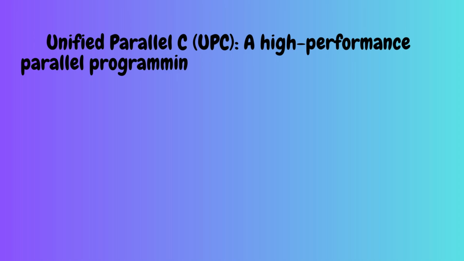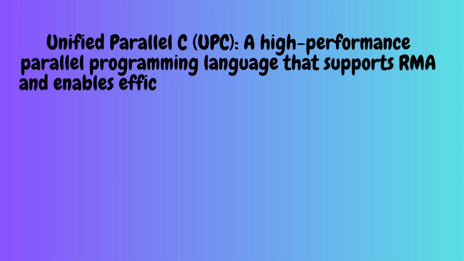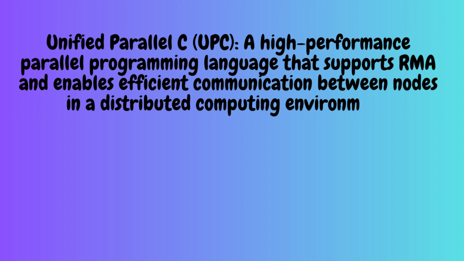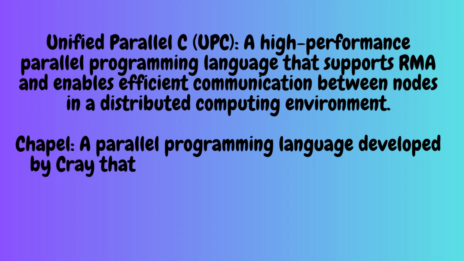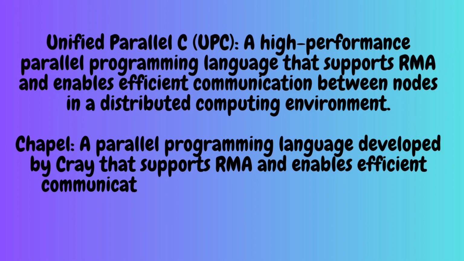The fourth is OpenSHMEM, an open standard for parallel computing that supports RMA and enables efficient communication between the nodes in a distributed computing environment. The fifth is MPI-3 RMA, a standard message passing interface that supports RMA and likewise enables efficient communication as well.